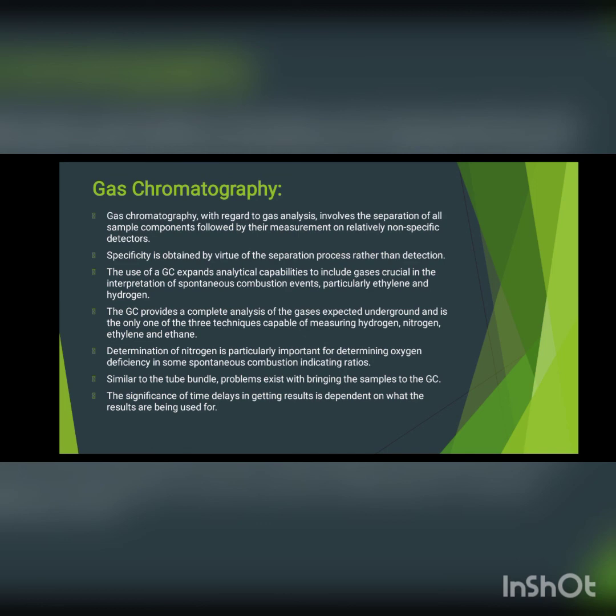The significance of time delay is important. So here we basically use a gas chromatography technique to detect the gas. The use of gas chromatography expands analytical capabilities to include gases crucial in the interpretation of spontaneous combustion events, particularly ethylene and hydrogen. So gas chromatography provides a complete analysis of gases expected.